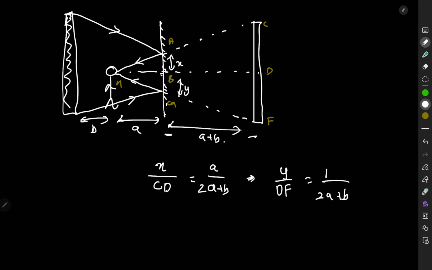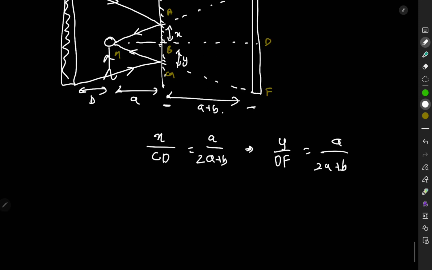Fine. Now just get the answer. It's going to be X into 2A plus B by A is equal to CD. Y into 2A plus B by A is equal to DF. Fine.